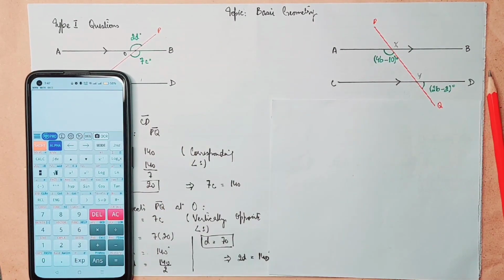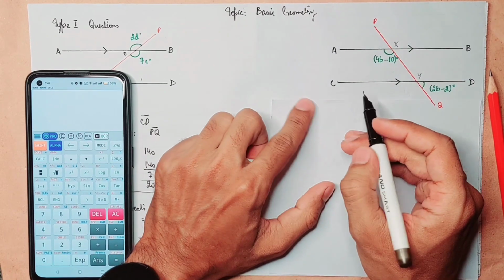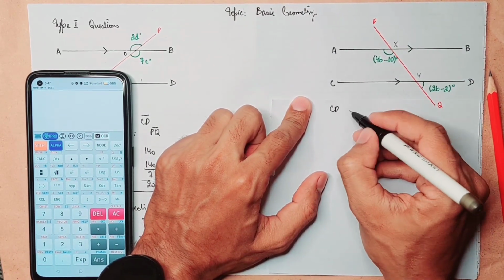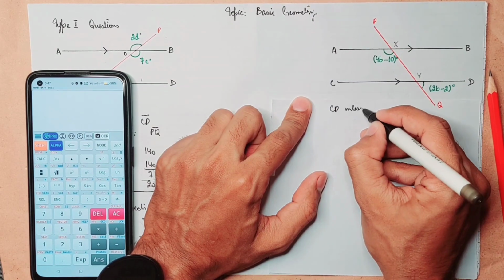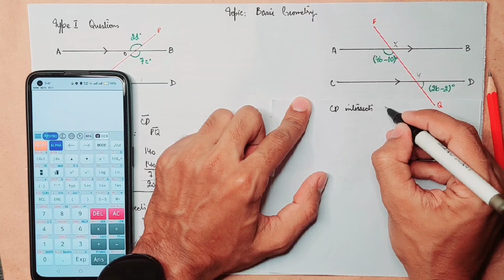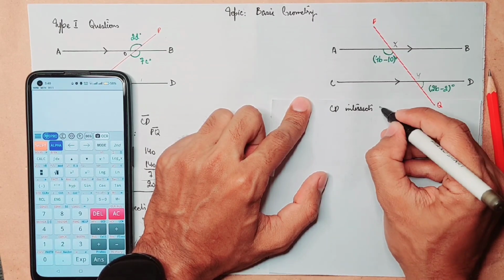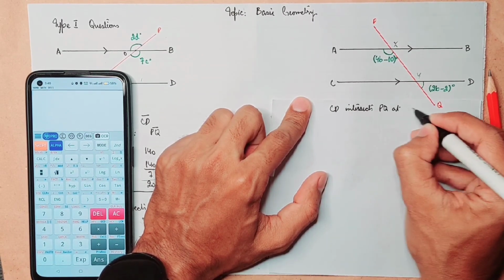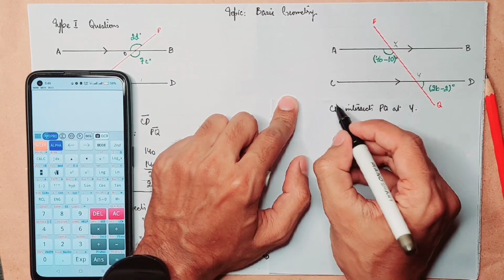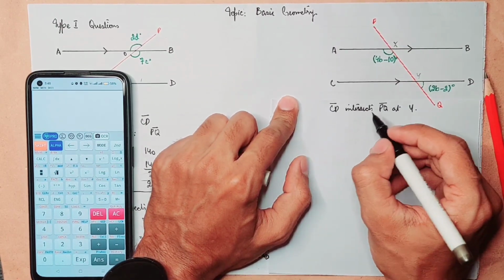So firstly, I would mention that line CD intersects line PQ at Y. When two straight lines intersect each other, a pair of vertically opposite angles are formed.